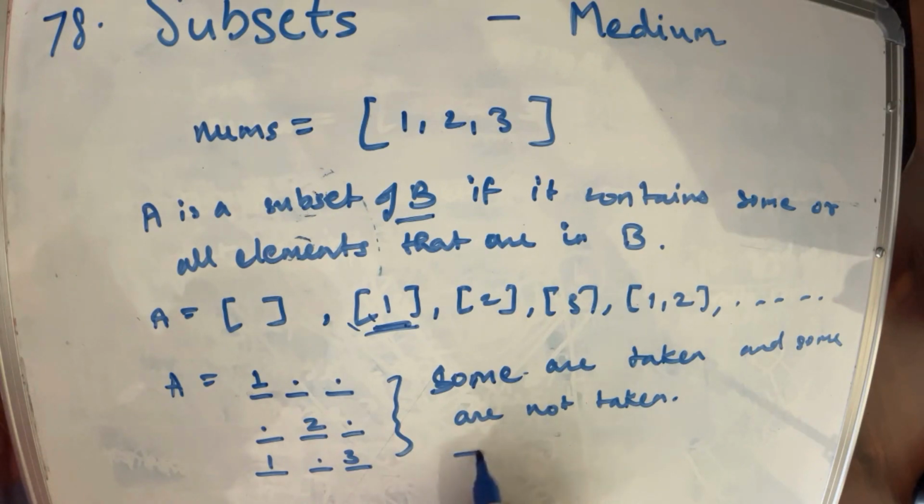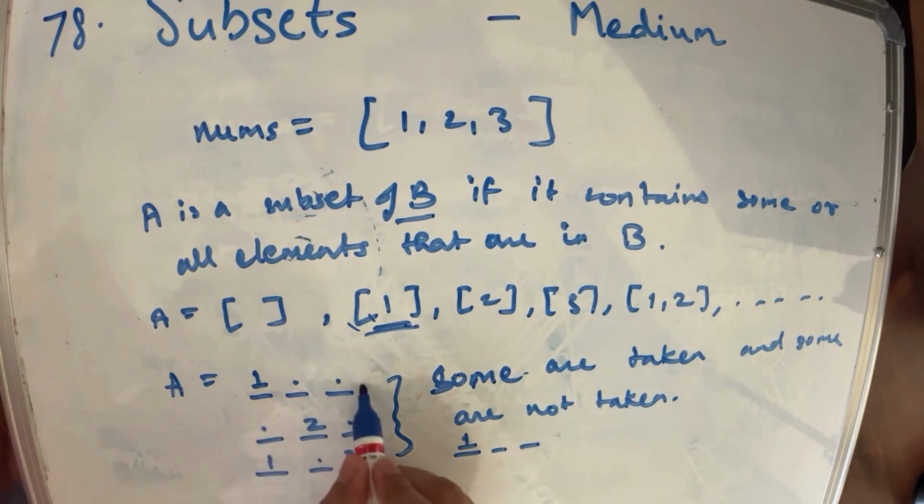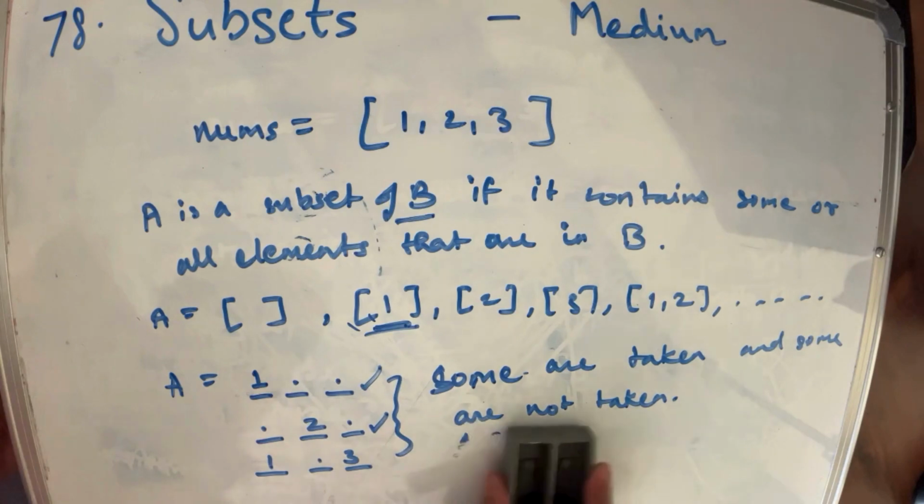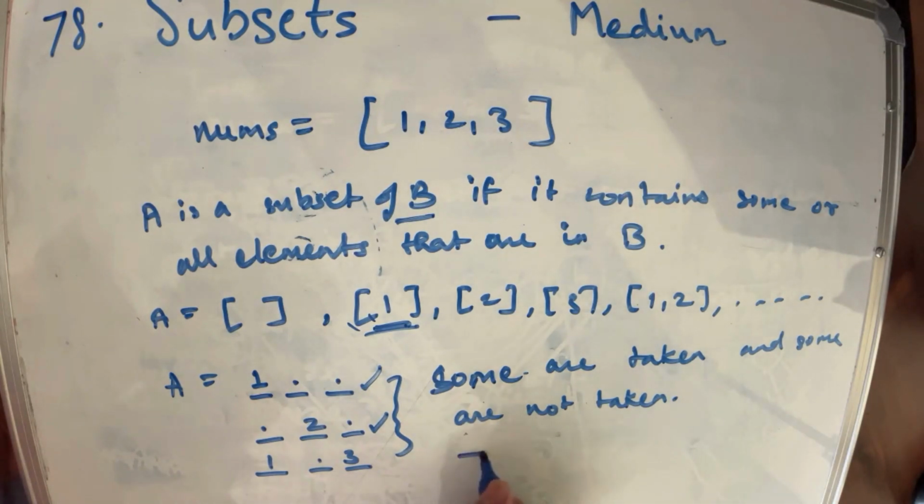At first I take element 1 and then I don't take any elements, then we will have this one, right? If I don't take any element here and then take element 2 here, and then not take anything here, then this will be done. And if I take 1 here and do not take 2 here and then take 3 here, then this will be done, right? Like that I can make all the subsets.